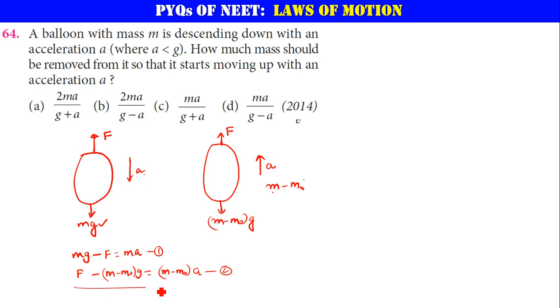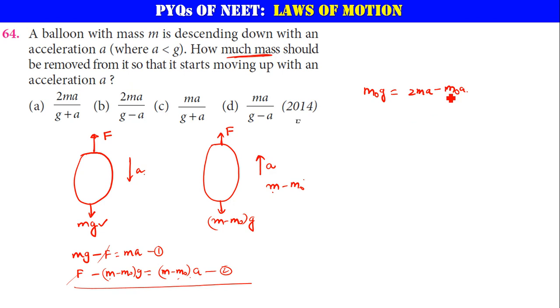If you add both of them, the F and F get cancelled, and here mg minus mg gets cancelled, plus m naught g, is equal to 2ma minus m naught a. He wants how much mass is removed, so that mass m naught.